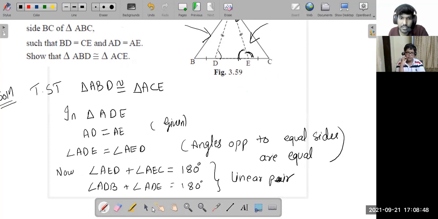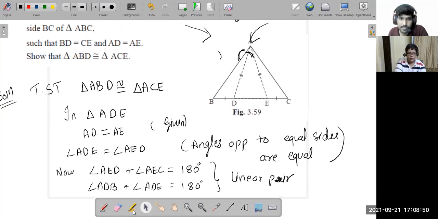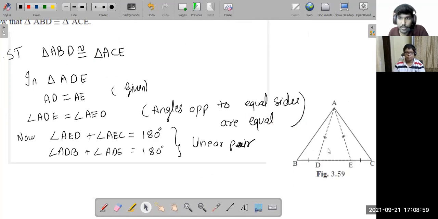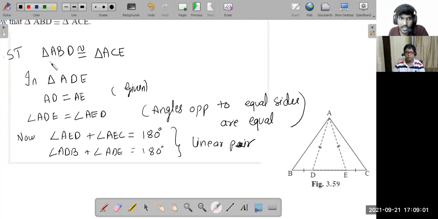Is this clear up to here? Yes, sir. Don't forget what we have to show. We have to show that ABD and ACE are similar to each other. I'll number this equation 1 and this equation 2.